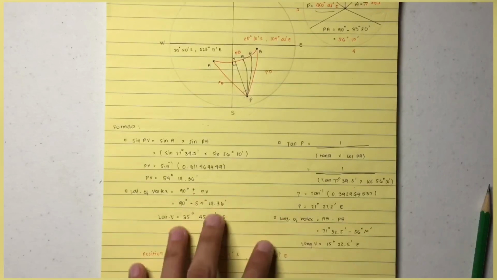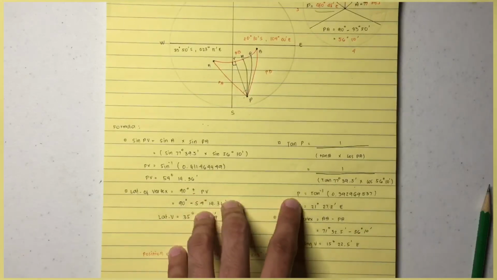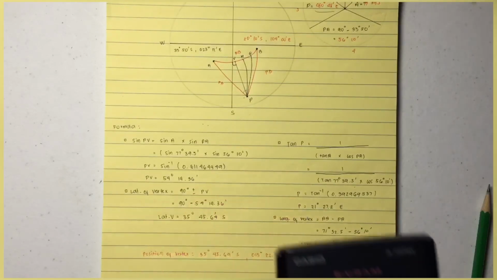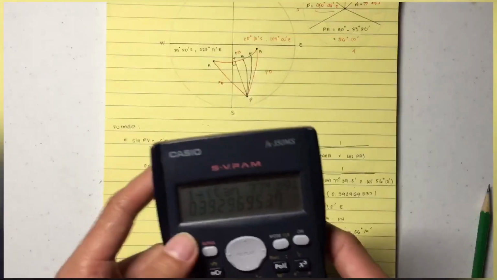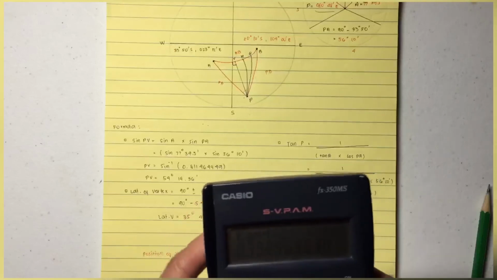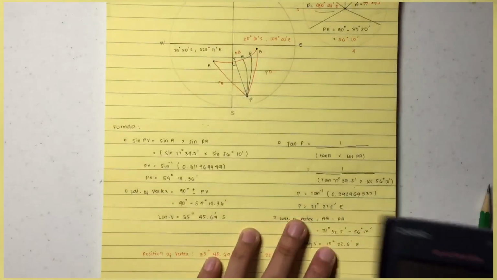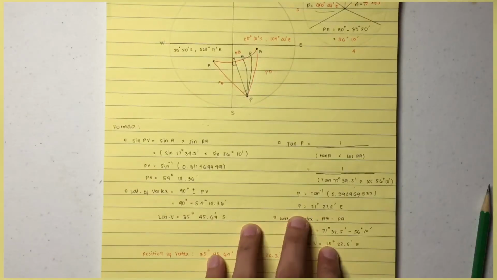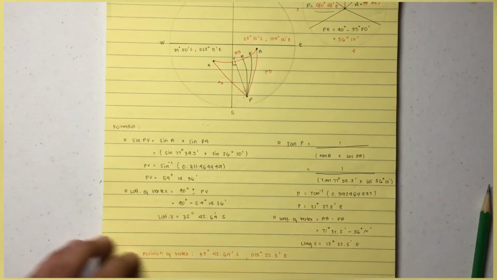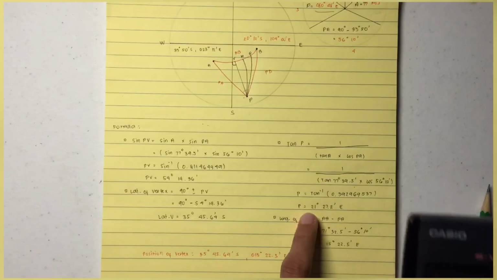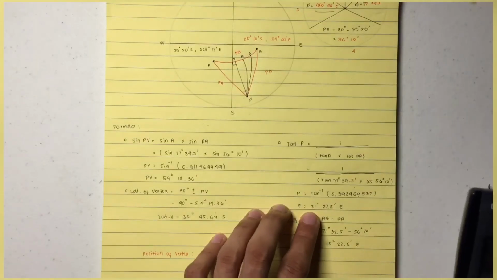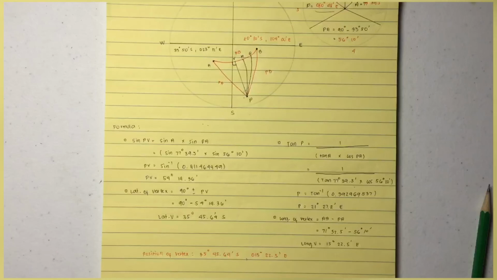Again, to get the value of P, we should go for inverse tangent, which is shift tangent in our calculator. So the difference of longitude of the vertex is 21 degrees 27.2 minutes east.